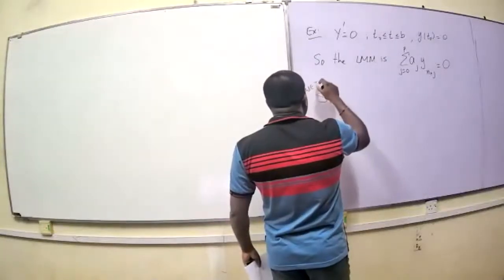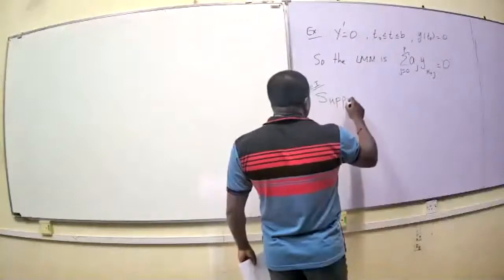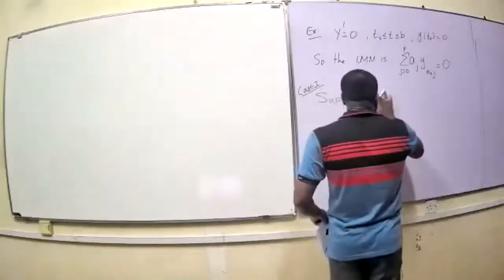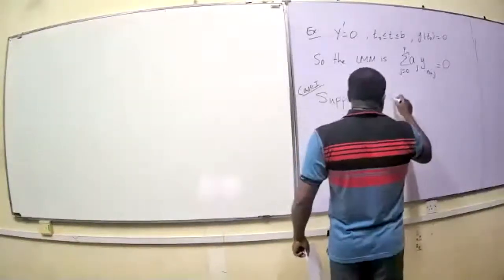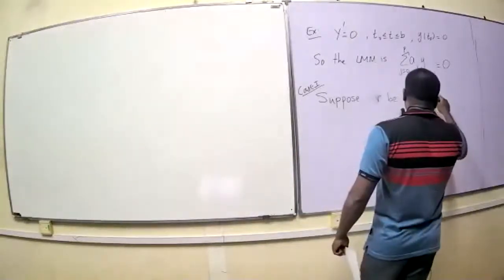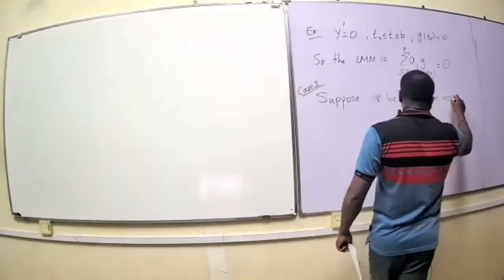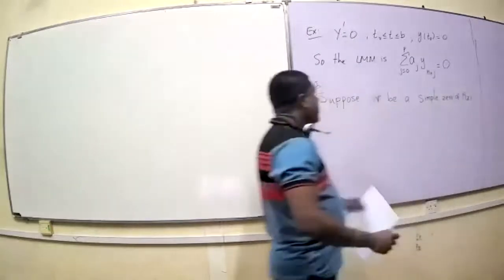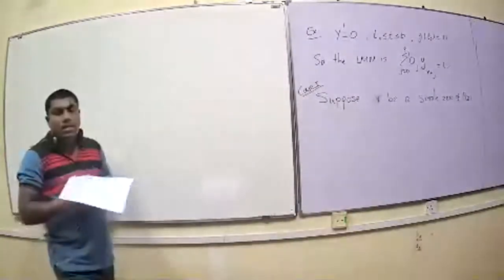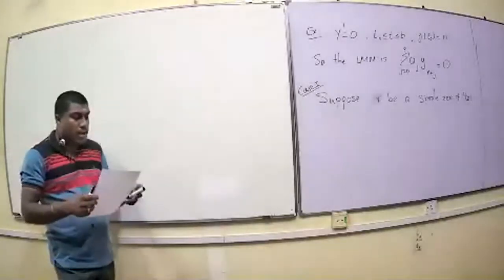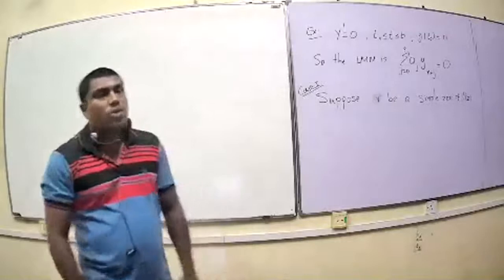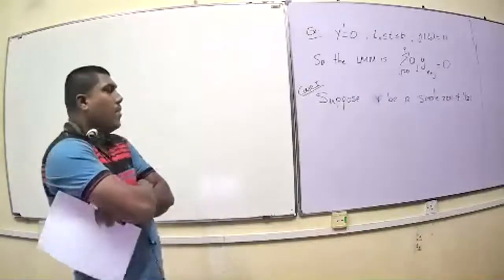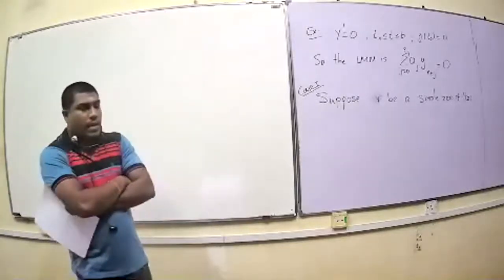Let me do it as case 1. Let r be a simple zero of the first characteristic polynomial. The roots of the first characteristic polynomial are what we are looking for when we talk about zero stability.